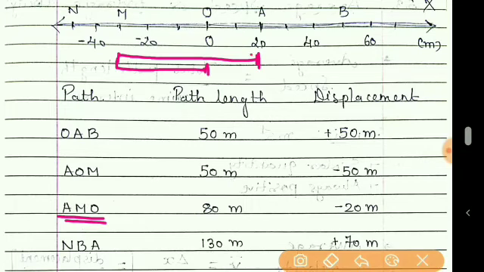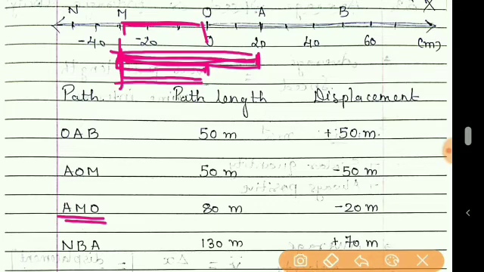From A to M it is 50, and from M to O, you can check this, how much is it? That distance is 30. So 50, that is from A to M, and from M to O is 30. So 50 plus 30 is 80 meter.